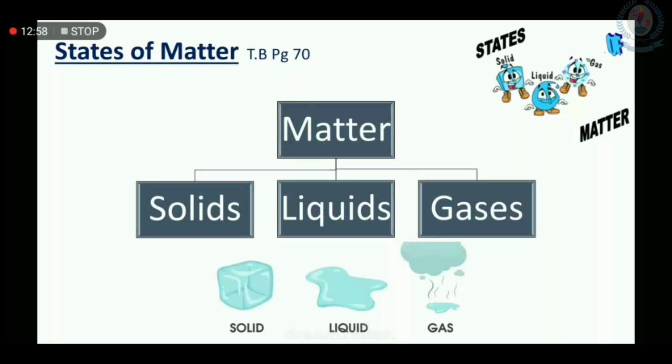States of matter. Matter exists in the forms of solids, liquids, and gases. Therefore, solids, liquids, and gases are known as states of matter. Let me ask you a few questions. Tell me, what do you call the solid state of water? Yes, we call it what, children? Ice. Okay.